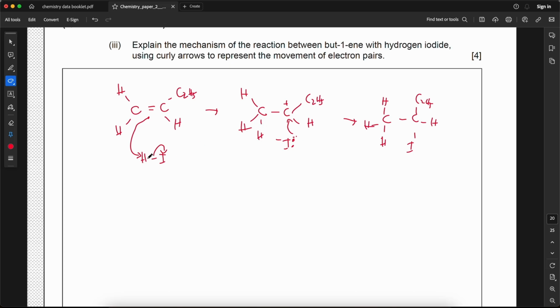Then the hydrogen iodide bond will split heterolytically, forming iodide ion. As the pi bond no longer exists, it now becomes a single bond, which allows the formation of a carbocation intermediate. Iodide ion, acting as a nucleophile, reacts quickly with the carbocation intermediate, producing the addition product.